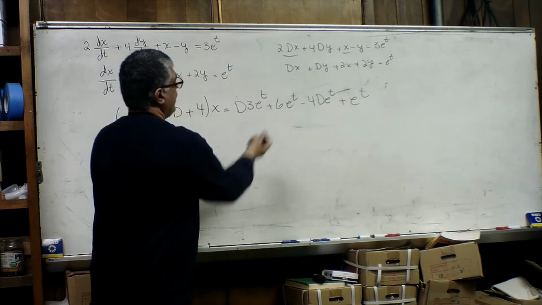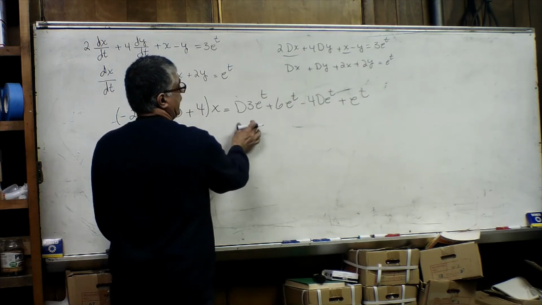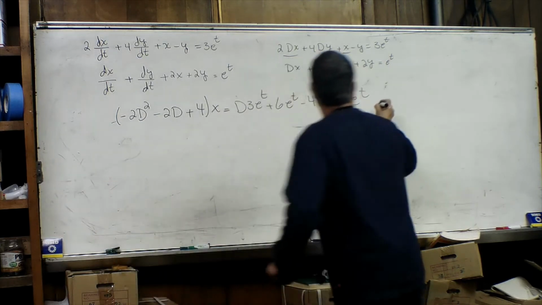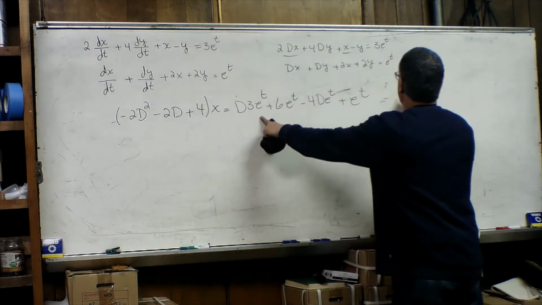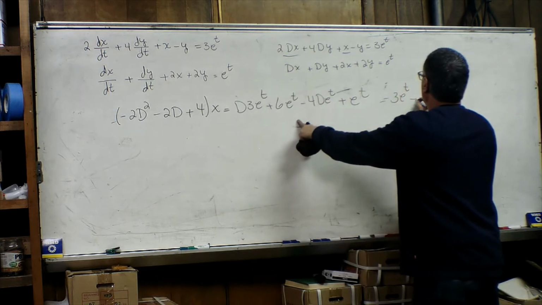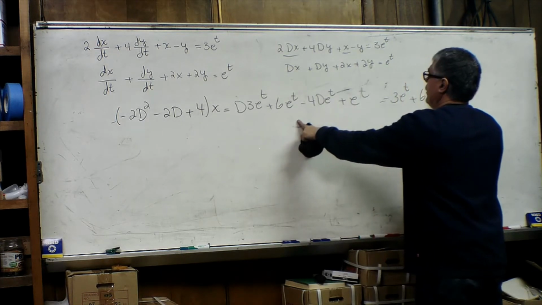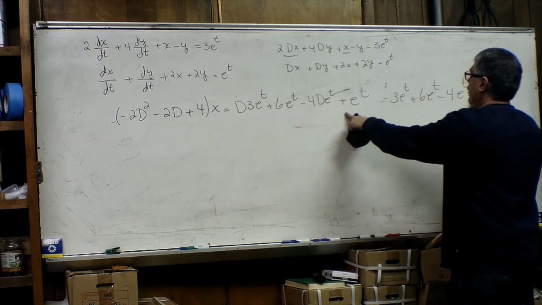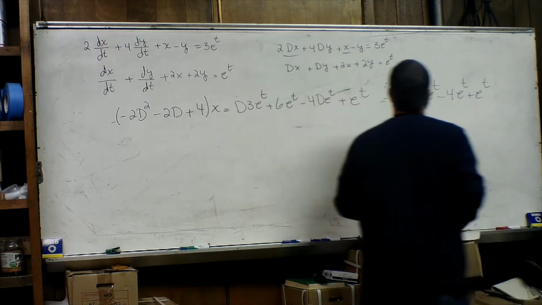So the right side, let's go ahead and differentiate that. If we differentiate, this will be 3e to the power t plus 6e to the power t minus 4e to the power t plus e to the power t.